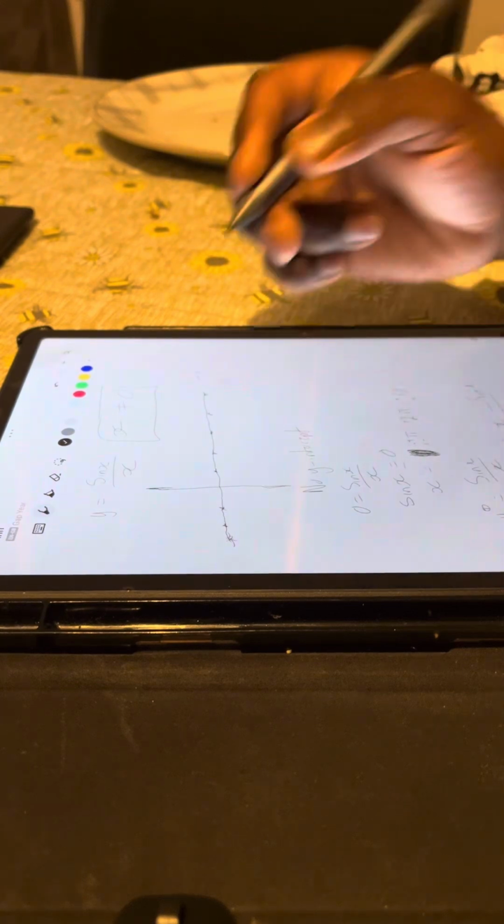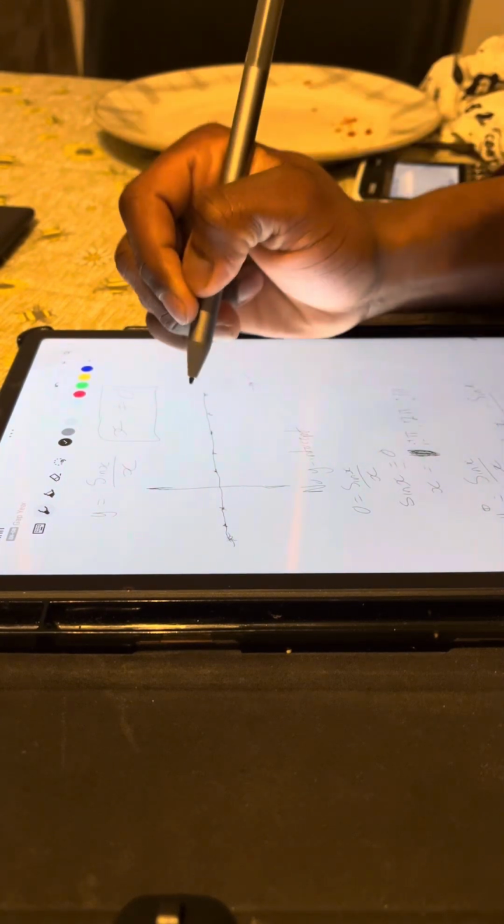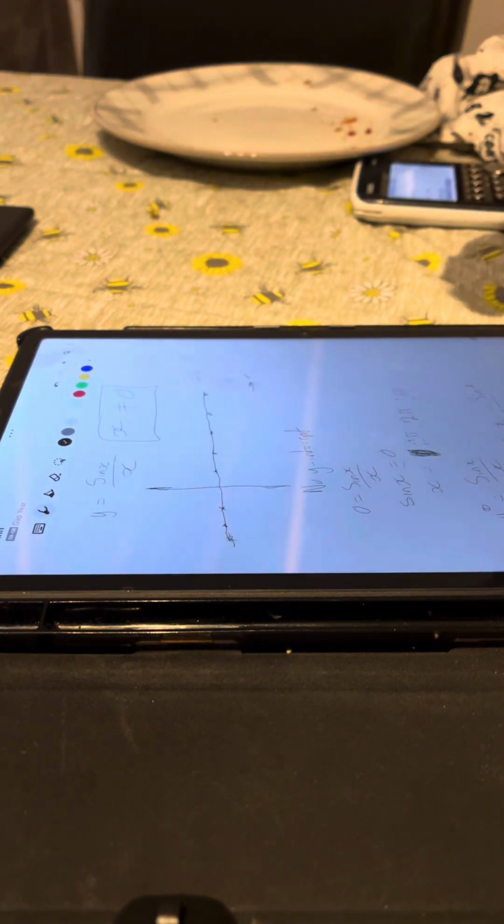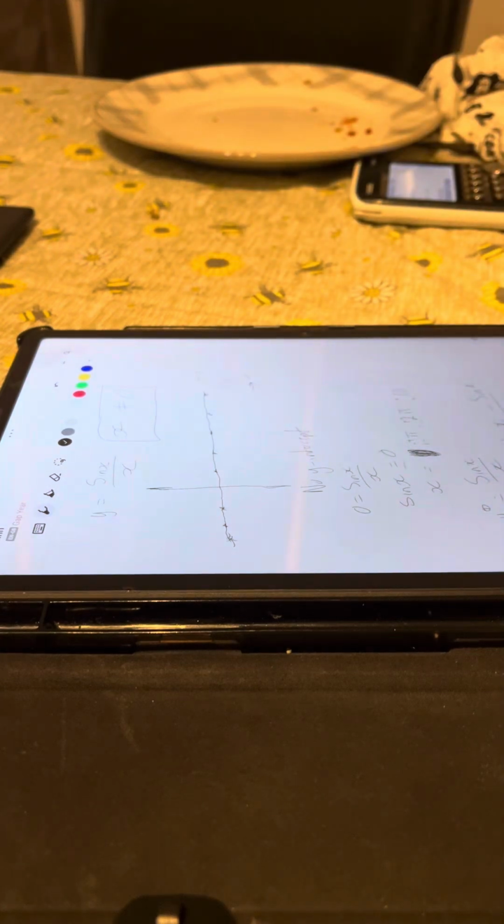So we know it's tending towards 0. But is it tending towards 0 from, that is an interesting question.